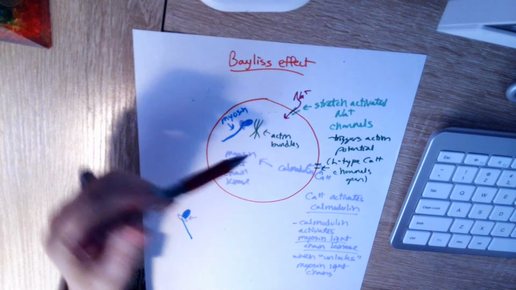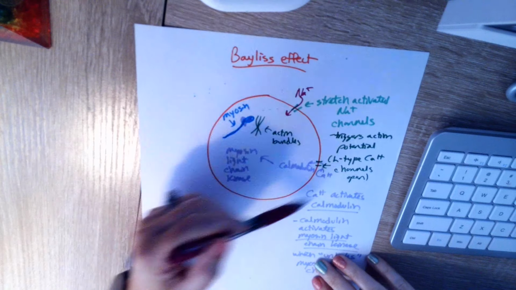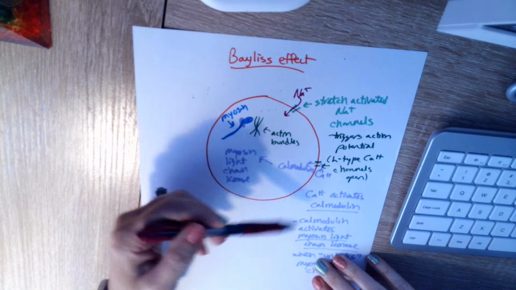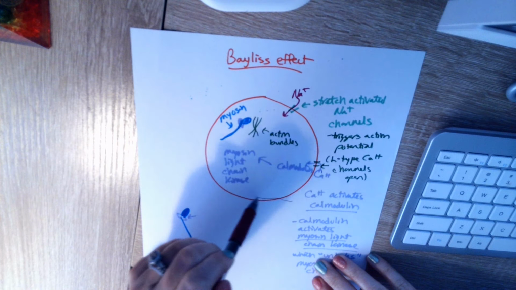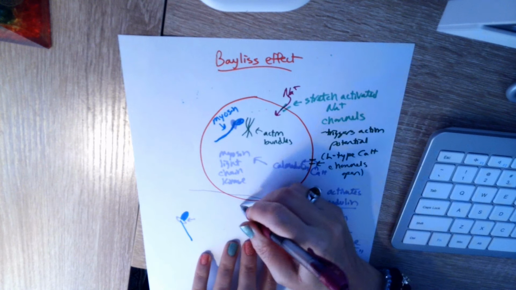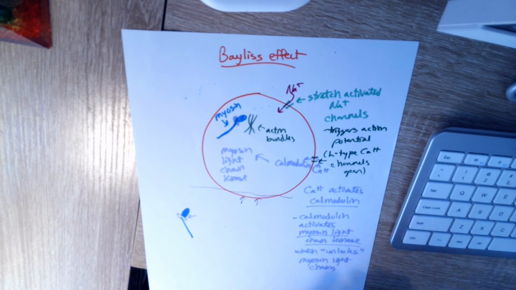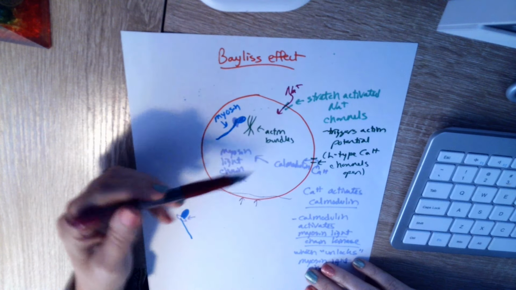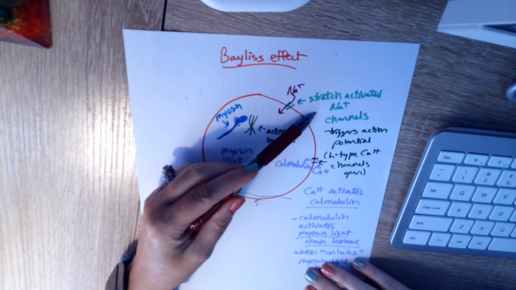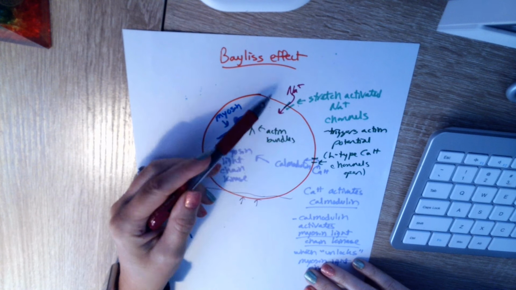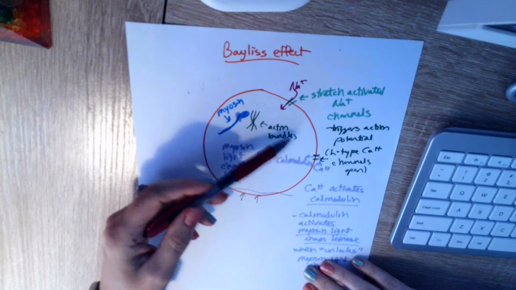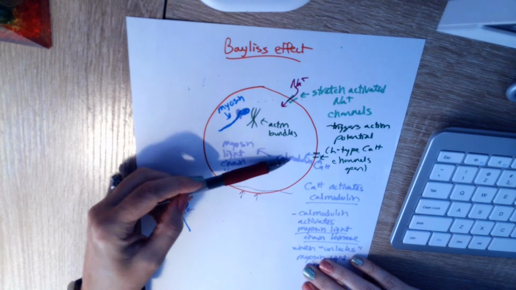And it works by having this high blood pressure in the vessel. Here's a smooth muscle cell, so the blood vessel would be maybe right there, and the pressure is too much. So that pressure opens stretch-activated sodium channels. So sodium comes into the cell, depolarizes it, and that causes an action potential in the smooth muscle cell.